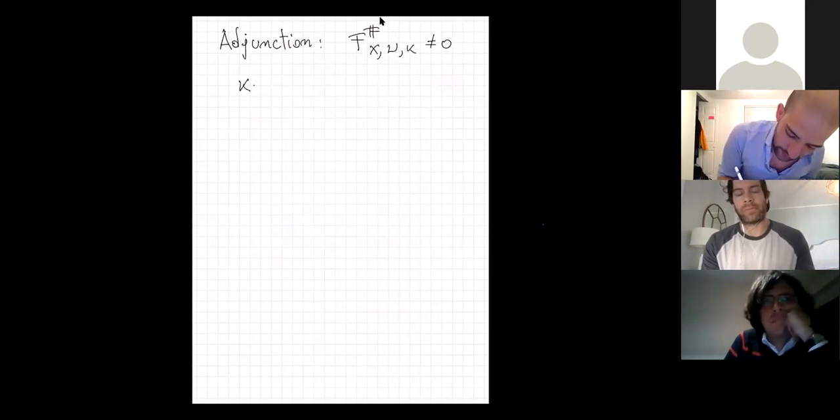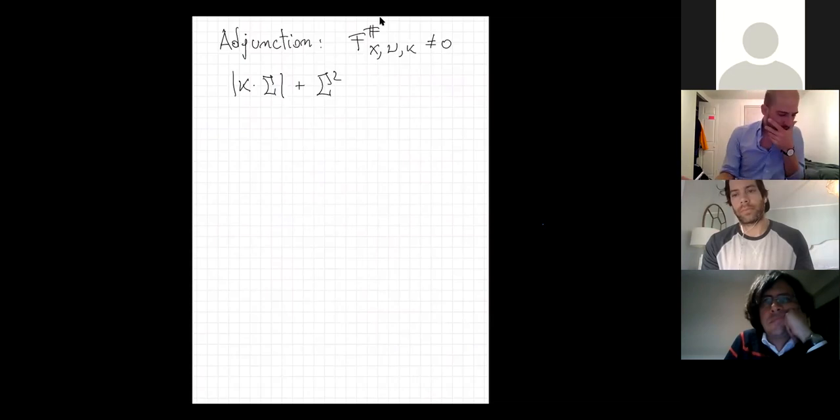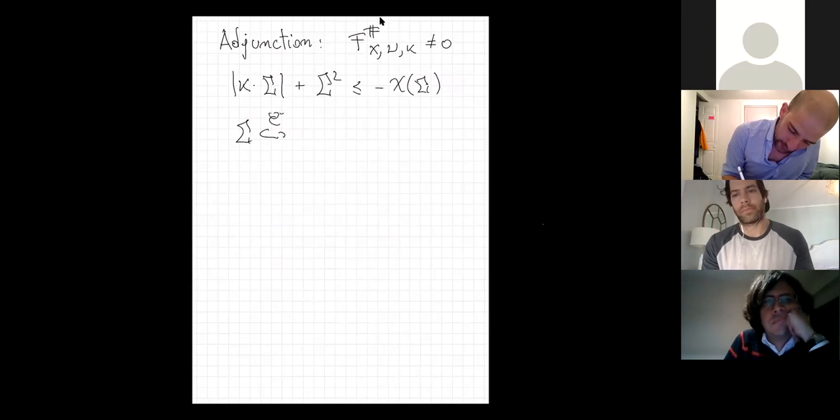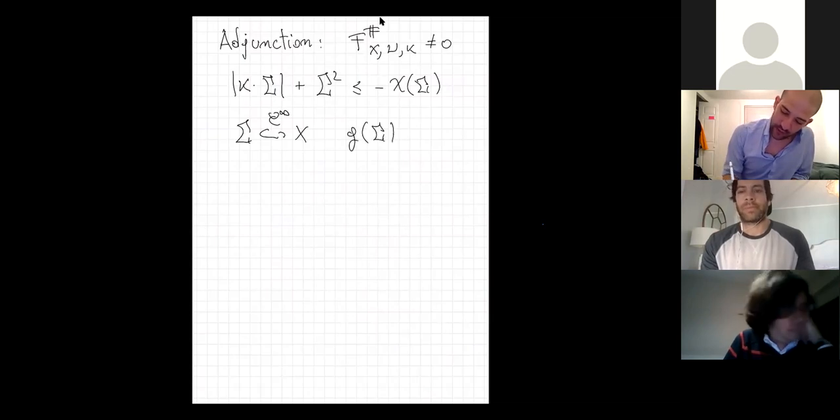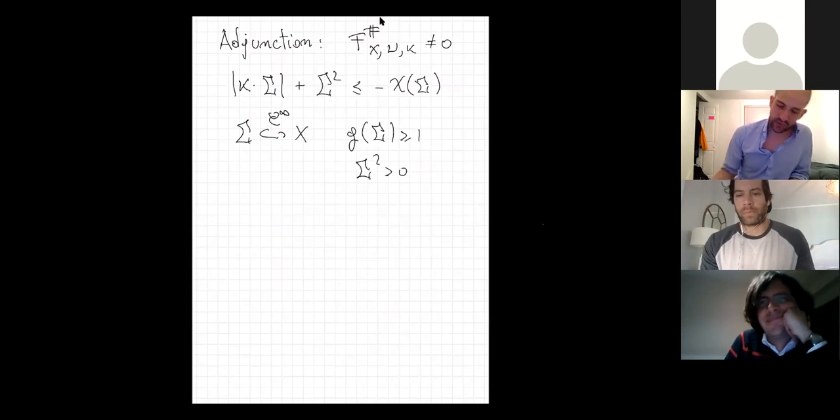So K evaluated on a surface plus the square of the surface with respect to the intersection form is less than or equal to minus the Euler characteristic of sigma, where sigma is any smoothly embedded surface with genus bigger than or equal to 1 and positive self-intersection. Okay, so this is an important thing we use in the proof.